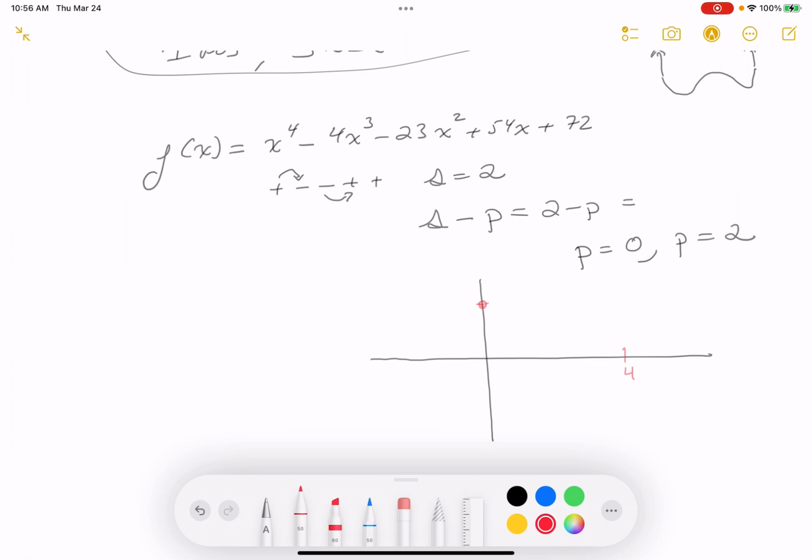So I'm going to do f of 4. Well, this would be 4 to the 4th minus 4 to the 4th. That's 0. Then we have minus 23 times 16 plus 54 times 4 plus 72. All right?